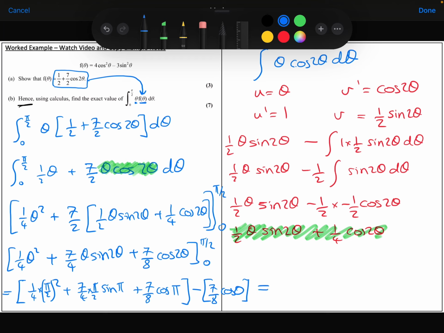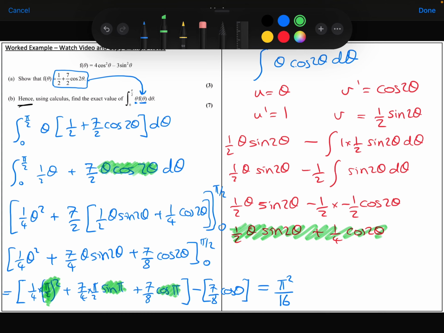Right, let's go through this then. So 1/4 times pi/2 squared. Well, pi/2 squared is going to be pi squared over 4. When I do 1/4 of that, I'll get pi squared over 16. Sine pi is 0, so I don't need to worry about that middle term.